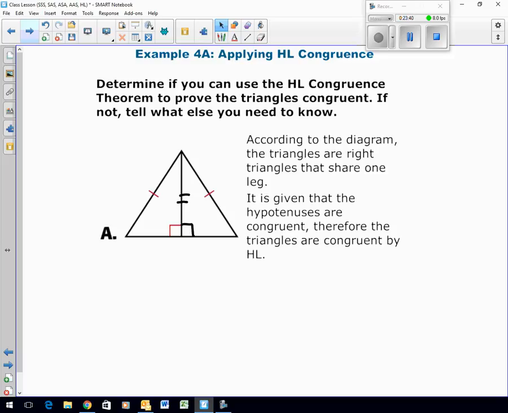So what we'll end up learning tomorrow is called CPCTC, corresponding parts of congruent triangles are congruent. Once I use one of my 5 congruence postulates, after that I've proven that the triangles are congruent to each other.